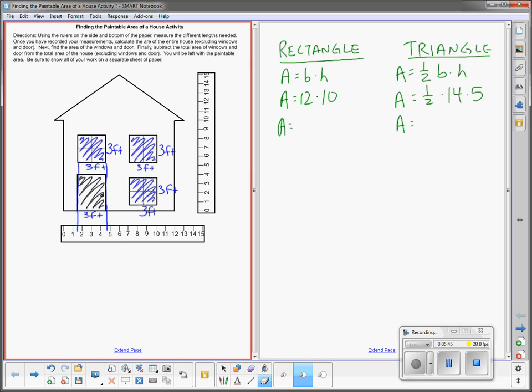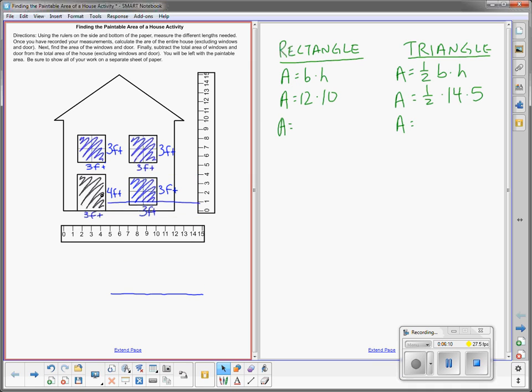Now I just need to find the height of my door, and I should be done with measurements. So from 0 to 4, that means that this door is 4 feet tall, a 4-foot tall door.